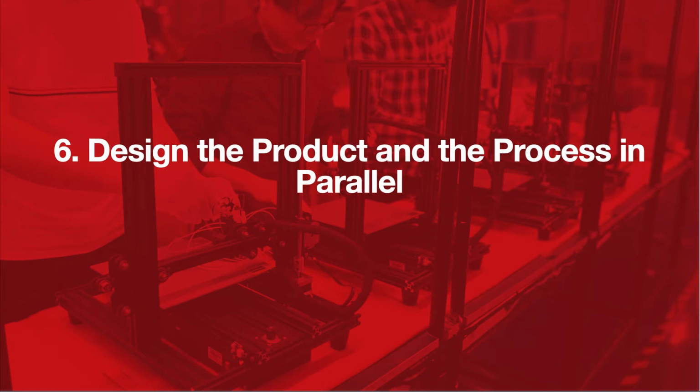Now, another very important concept is that you design the product, and people tend to focus a lot on the product design. Of course, you need to nail that. However, process design and process validation are extremely important too, and as much as possible you need to have them done in parallel, right?